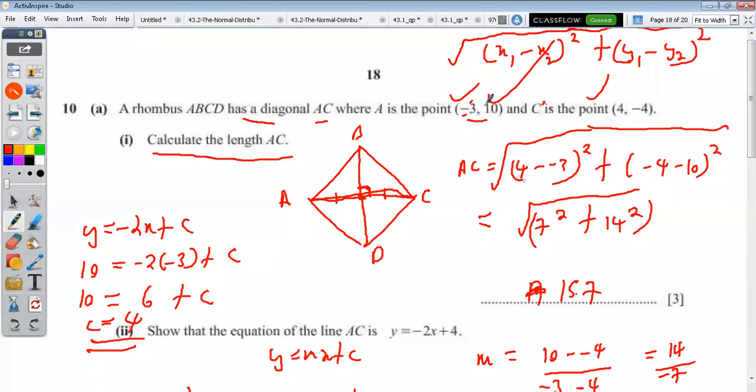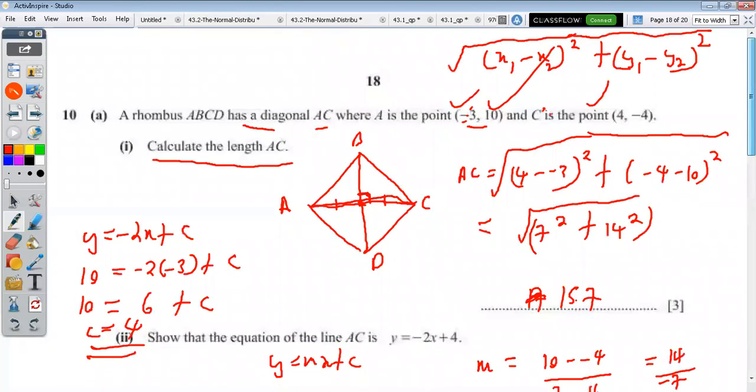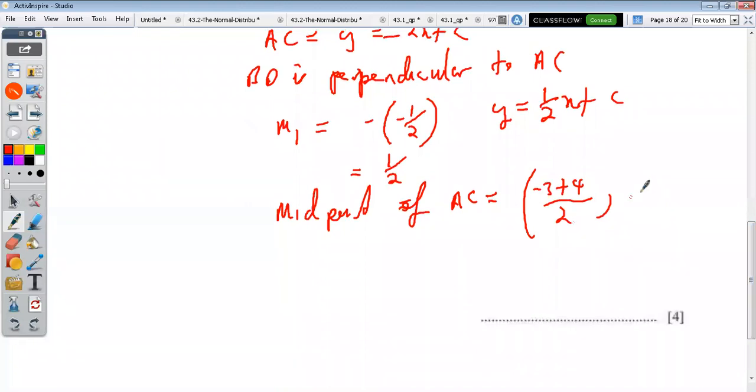We're saying this plus that over 2: minus 3 plus 4 over 2. Then the y value: 10 plus minus 4 over 2. So what do you get for the midpoint? There we get a half. If we add this, we get 6 divided by 2, which is 3. So that's the midpoint.